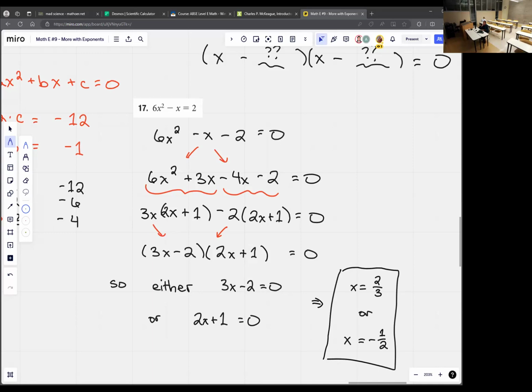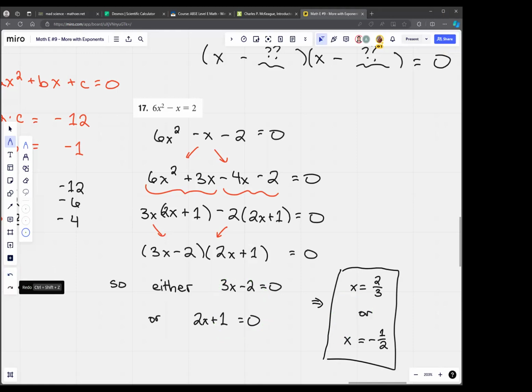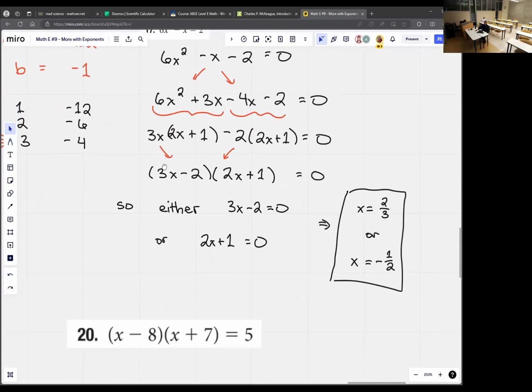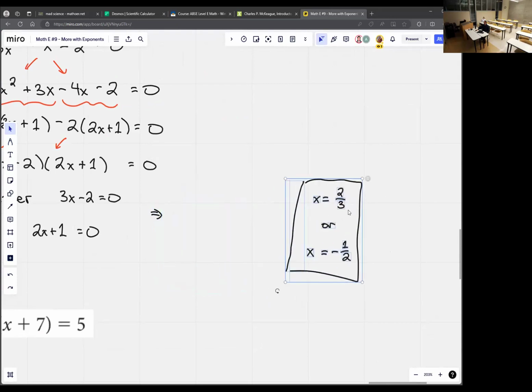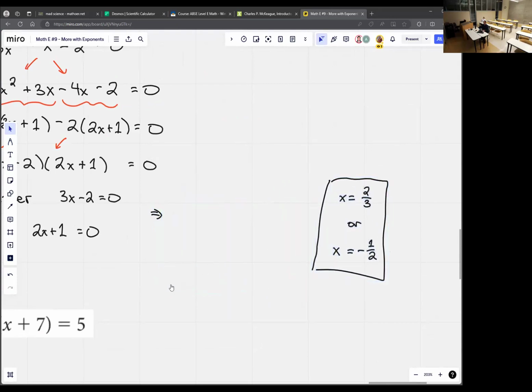Do you need me to show more steps for how I got from here to here? Yes, please. Fine. Okay, let me do it then. Okay, so in the first step, I took the -2 and I moved it to the other side, or the +1 and moved it over.